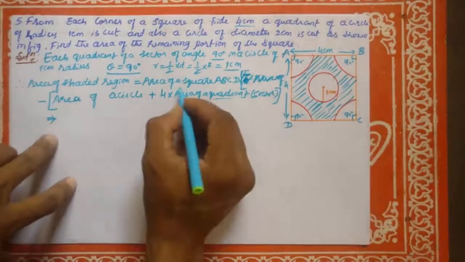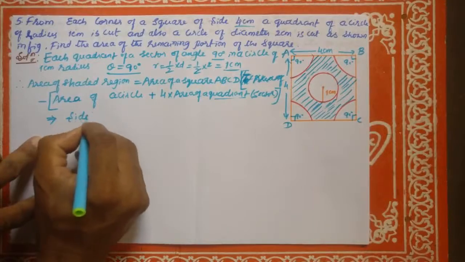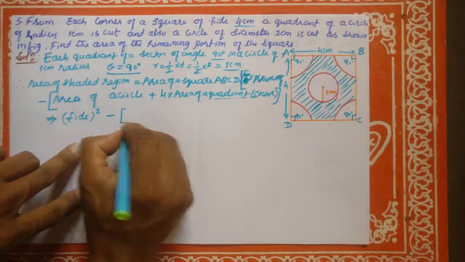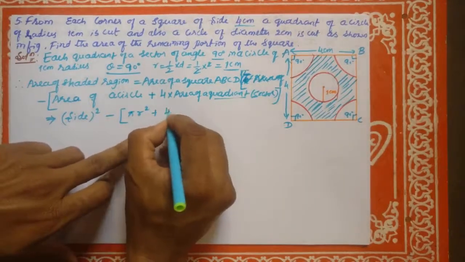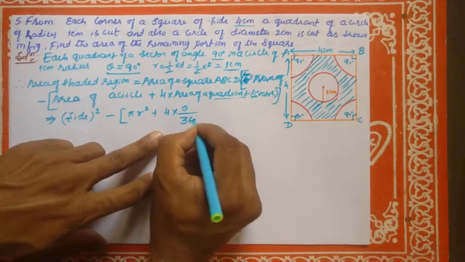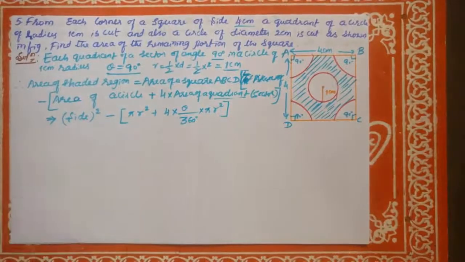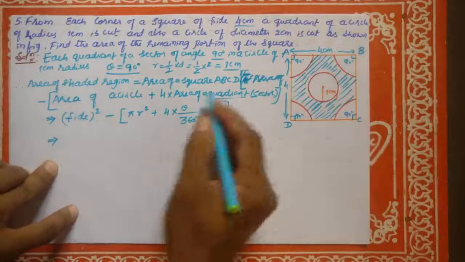Which implies area of square ABCD, that is side square, minus area of a circle, pi r square, plus 4 into the area of a quadrant, that is theta divided by 360 into pi r square.